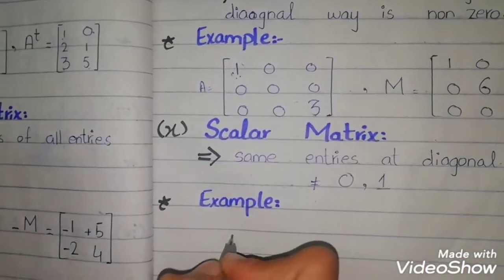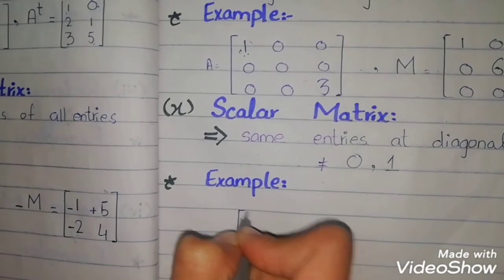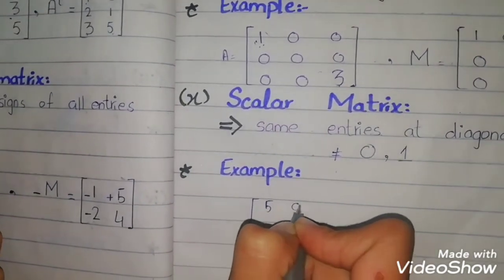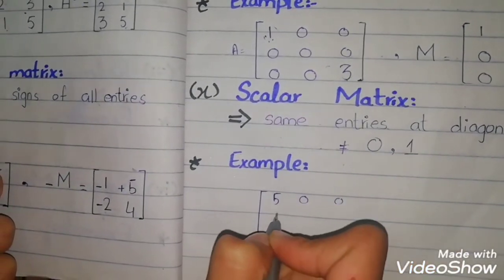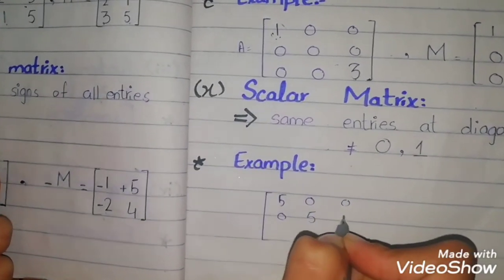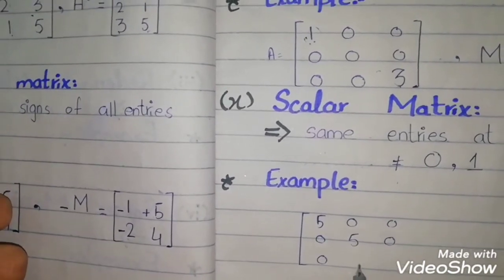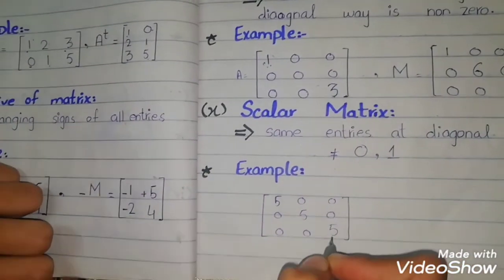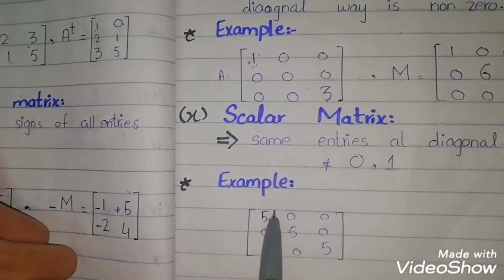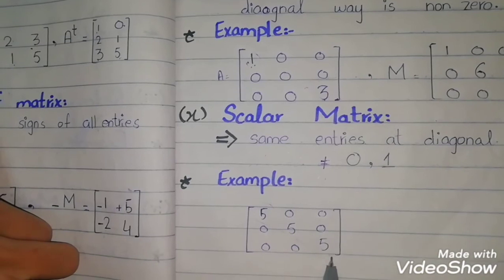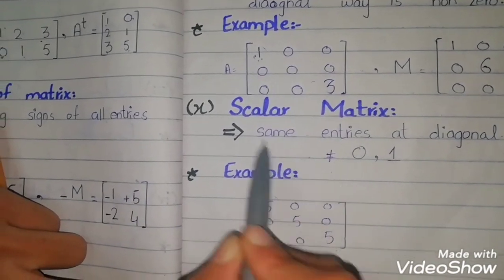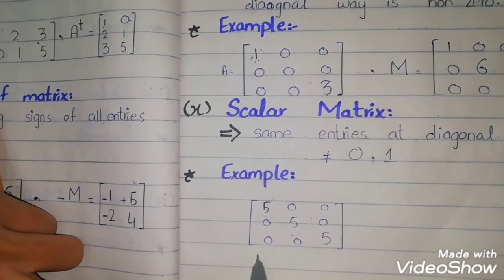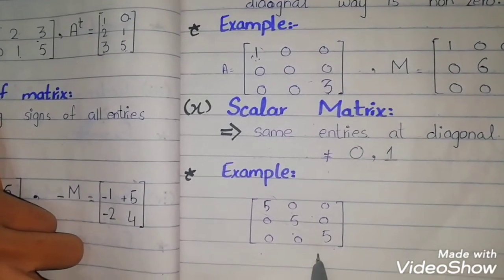For example, [5, 0, 0; 0, 5, 0; 0, 0, 5]. In this matrix, all the diagonal entries are same, and it is also necessary that in the scalar matrix, all the non-diagonal entries are 0. So this is called scalar matrix.